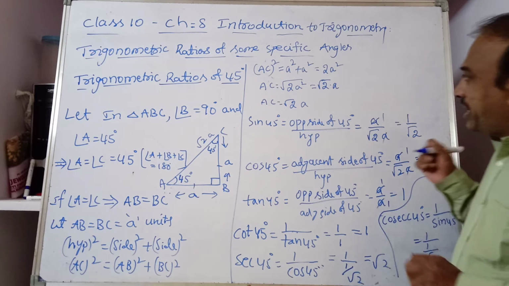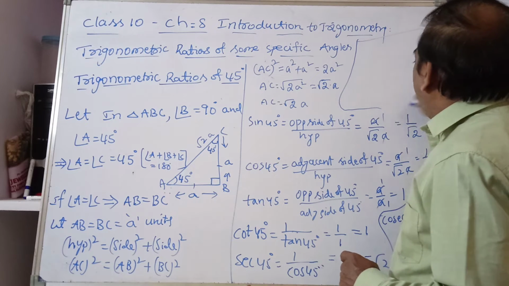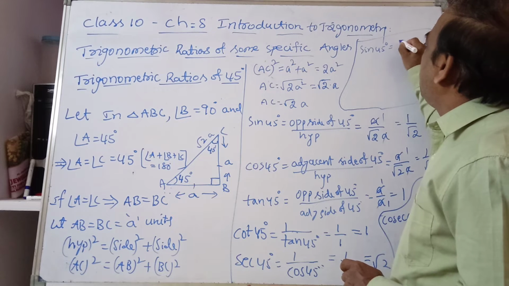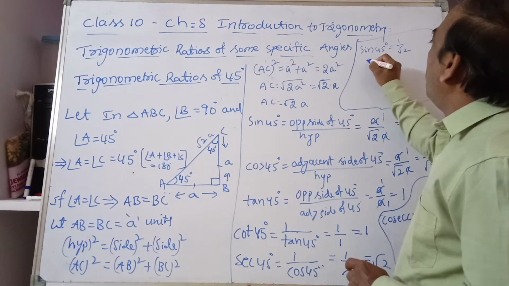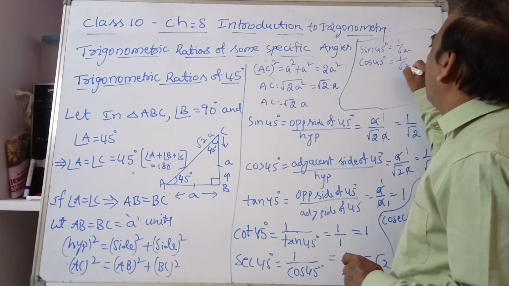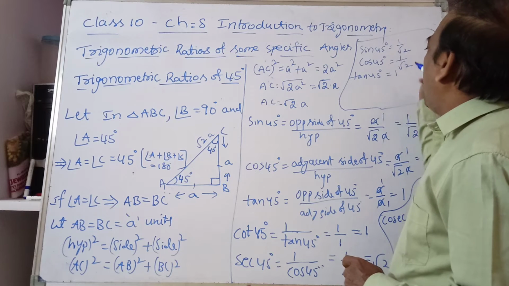What are the 6 trigonometric ratios here? Observe it here. So one is sin 45 degrees is equals to 1 by root 2. Cos 45 degrees is equals to 1 by root 2. Tan 45 degrees is equals to 1.